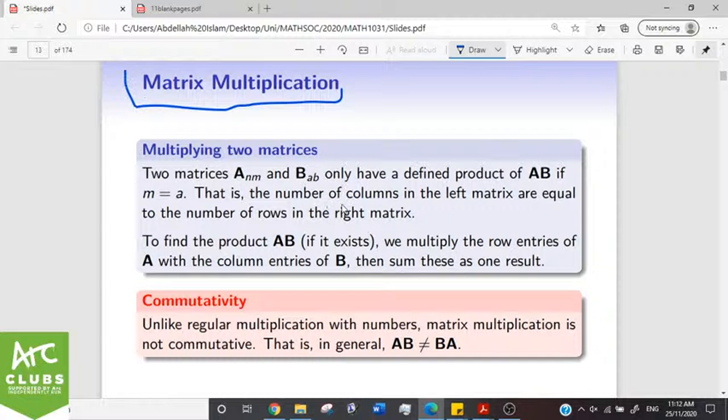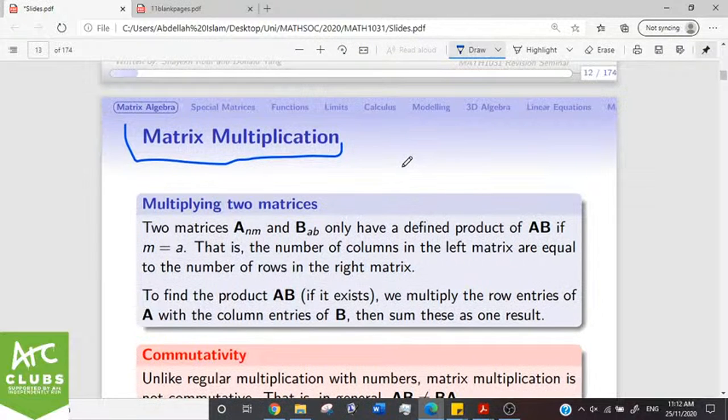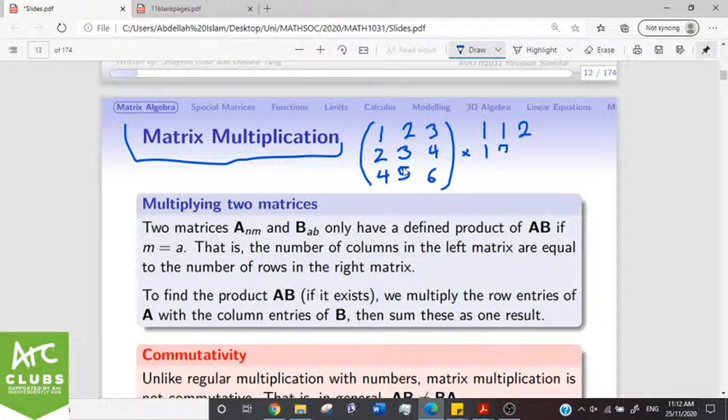Okay, so the definition is a bit confusing, so I'll do a cool trick instead that might get the point across. So let's do a 3 by 3 matrix, and let's multiply this by, I don't know, 1, 1, 2. Okay, how would we multiply this?